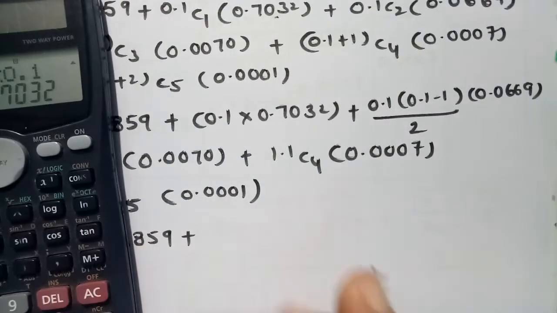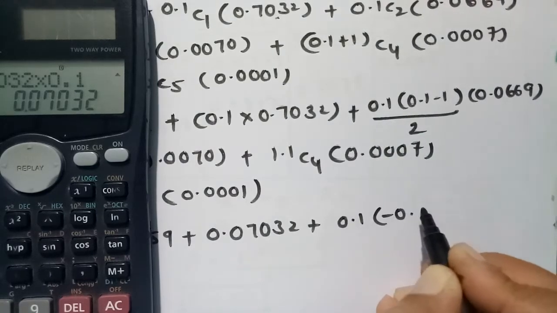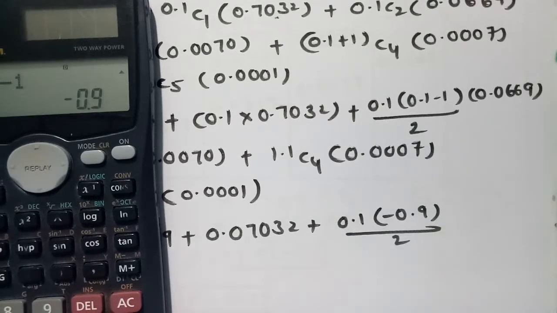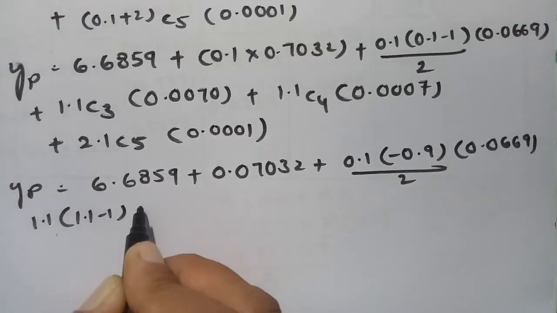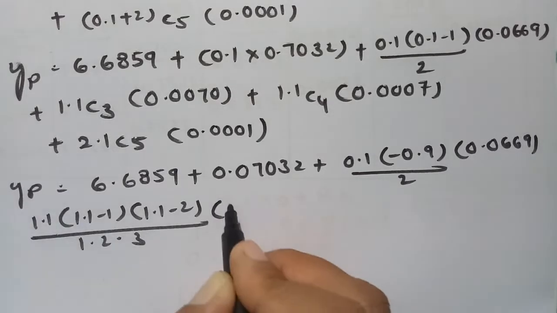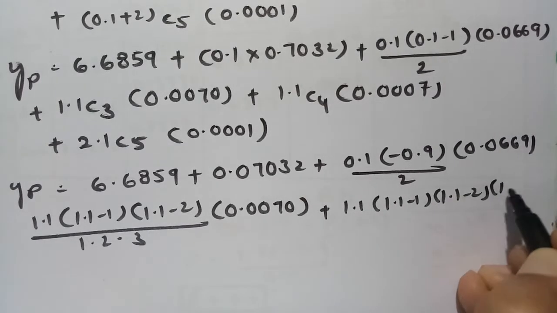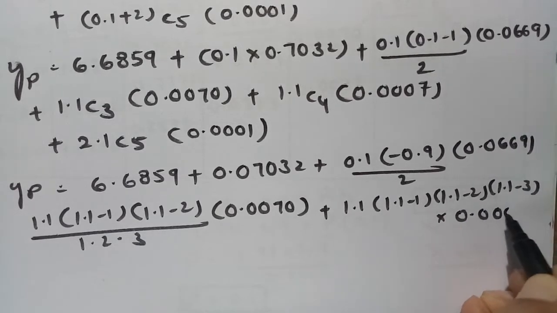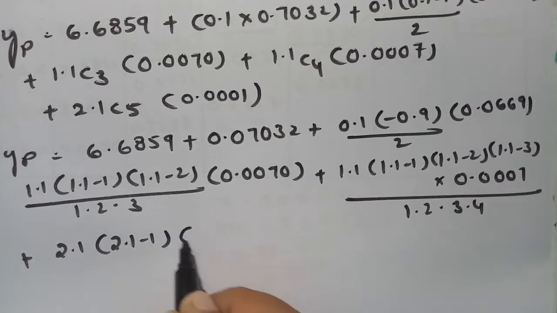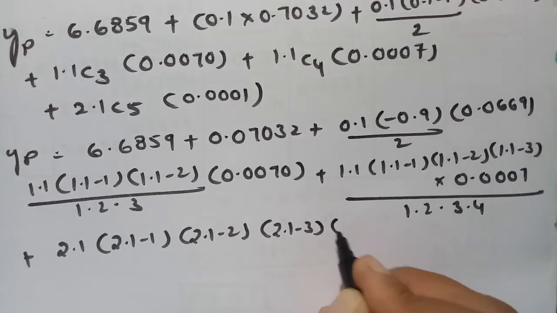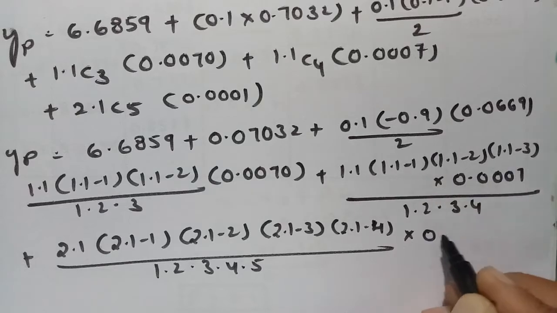The value here is 0.07032, and the next value here is 0.1, this is minus 0.9 by 2 factorial, 0.1 minus 1, so minus 0.9 into 0.0669, and the next one here 1.1, so this is n into n minus 1, n minus 2 by 1 into 2 into 3 into 0.0070, and this value n into n minus 1, n minus 2, n minus 3 into 0.0007 by 1 into 2 into 3 into 4, and the next value here is n into n minus 1, n minus 2, n minus 3, and n minus 4 by 1 into 2 into 3 into 4 into 5 into the value here is 0.0001.